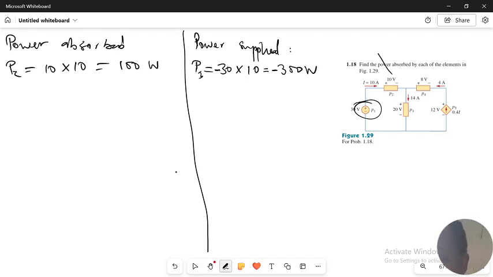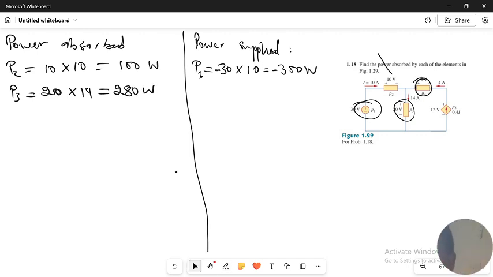Now P3: the current is entering the positive terminal, so it's absorbing. P3 equals the voltage, 20, multiplied by the current, 14, which is equal to 280 watts.